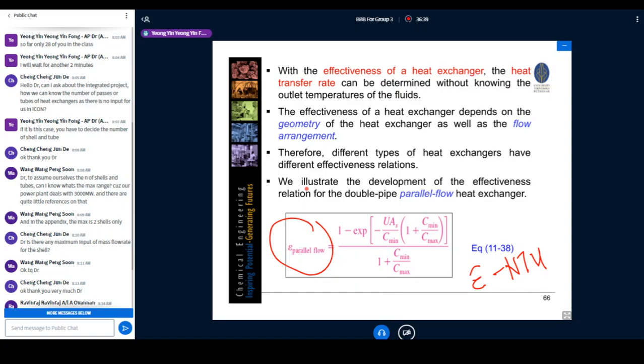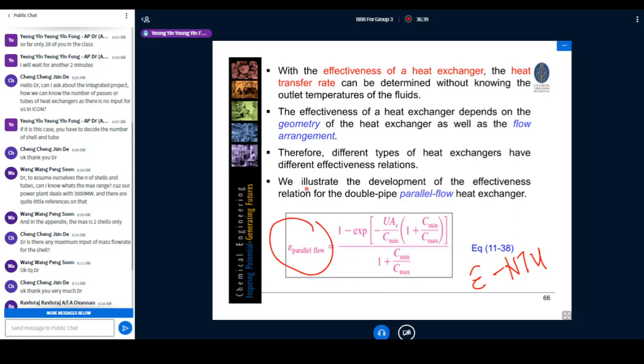All right. And then we have a new term over here whereby the NTU comes in. NTU is defined in equation 39. Yes, effectiveness is impossible to achieve 100%. No heat exchanger can have 100% effectiveness.